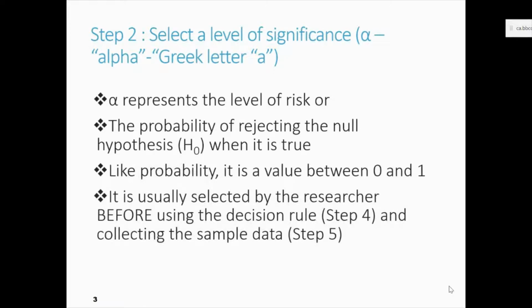It is usually selected by the researcher before using the decision rule, or step 4, and collecting the sample data, or step 5. So normally, the level of significance or the level of risk will be given to you as part of the exercise. You just need to identify what this level of significance is. What is the alpha for the exercise?